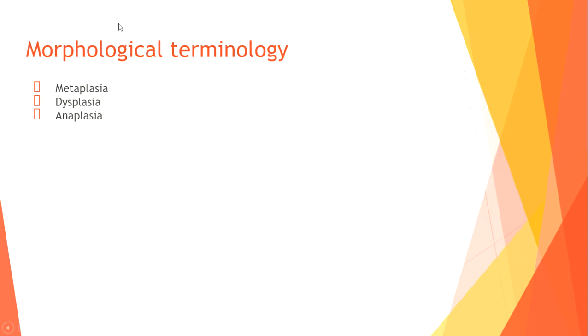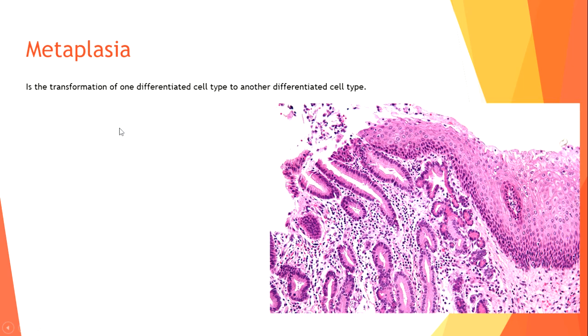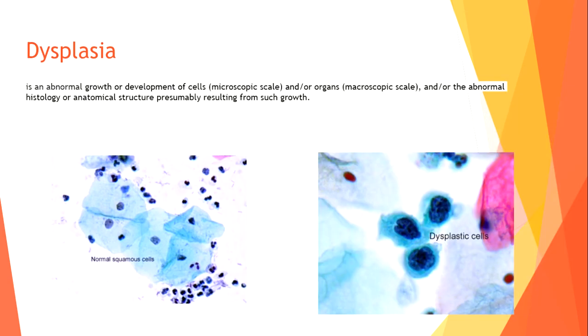Morphological terminology: metaplasia, dysplasia, and anaplasia. Metaplasia is a transformation of one differentiated cell type to another differentiated cell type. Dysplasia is an abnormal growth or development of cells, on a microscopic scale, and of organs, on a macroscopic scale, and of the abnormal histology or anatomical structure, presumably resulting from such growth.